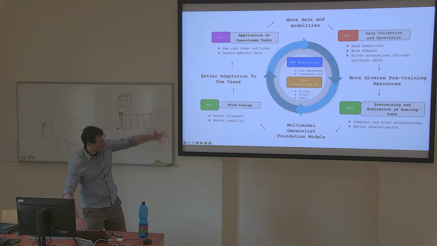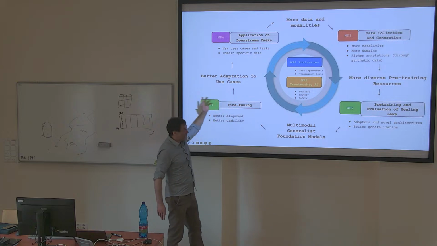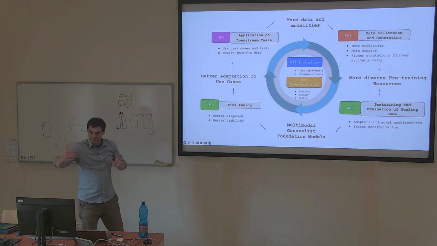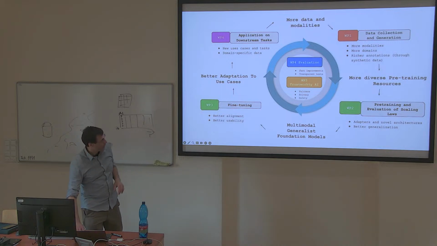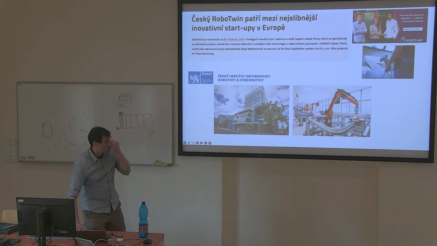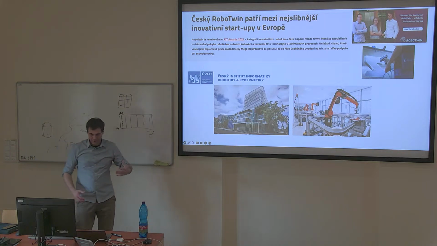It's addressing the whole circle of the model development, from data collection, pre-training, large scale. They're going to study the scaling aspects and fine-tuning for specific tasks. We in particular are going to do robotics in this project. So we are going to fine-tune this model for robotic environments.